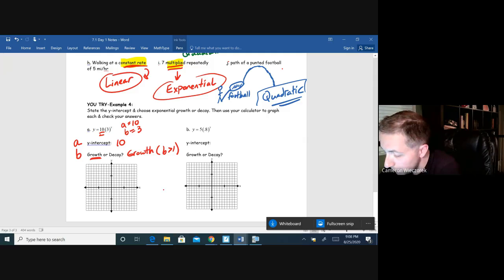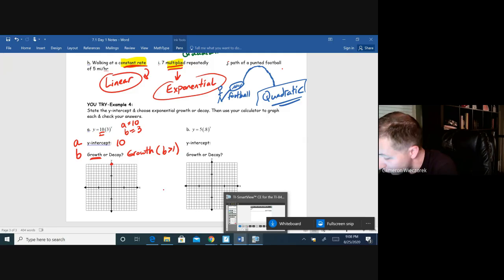So on the graph, I am going to put the y-intercept on there, which is at (0, 10). Remember, it's a starting value, so it's always when x is equal to 0. So I definitely have one dot on the graph that I can put. And if I want to get the others, what's awesome is I can just use my TI-84.